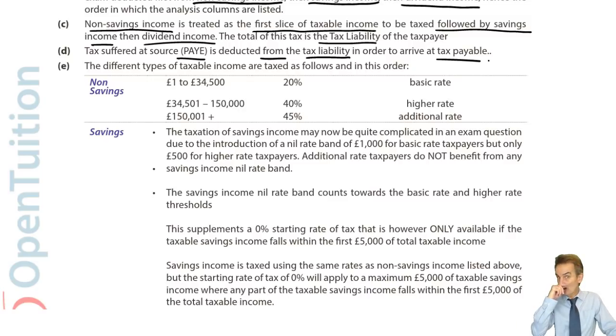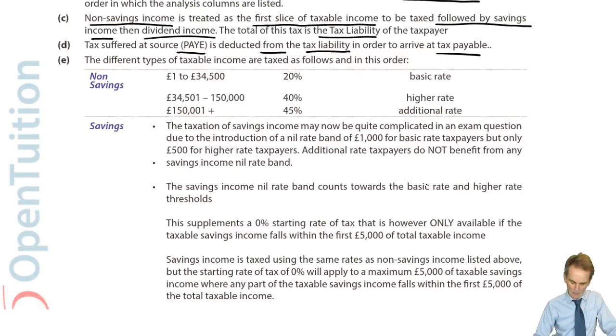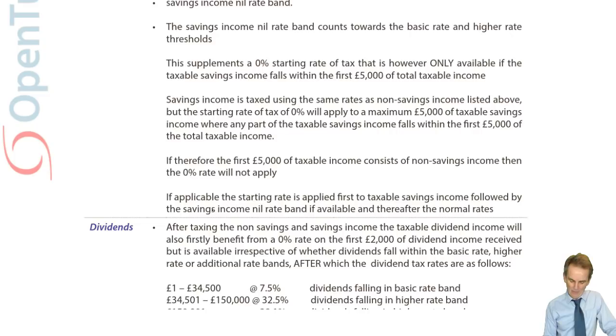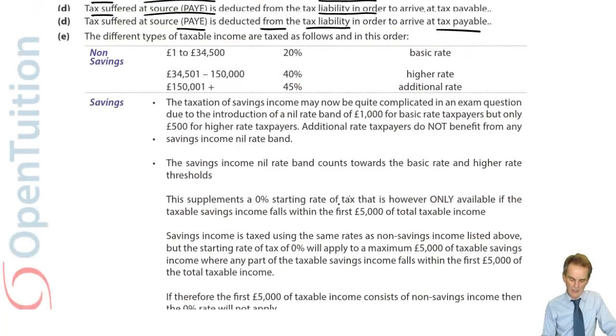The tax rates that we use. Now, to begin with, it looks nice and easy because these are the same rates that we used for non-savings. We will discover that the usual rates that we apply, we will see, again, if applicable, here, the taxable savings followed by the savings nil rate band, if available, and thereafter, so all this bit you don't yet know, but thereafter, the normal rates.